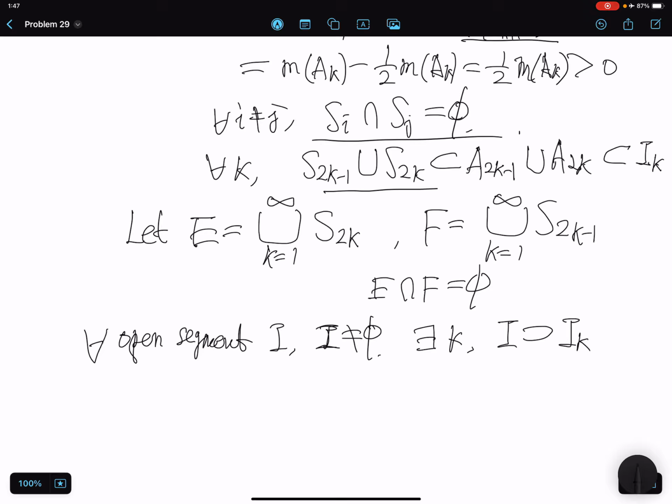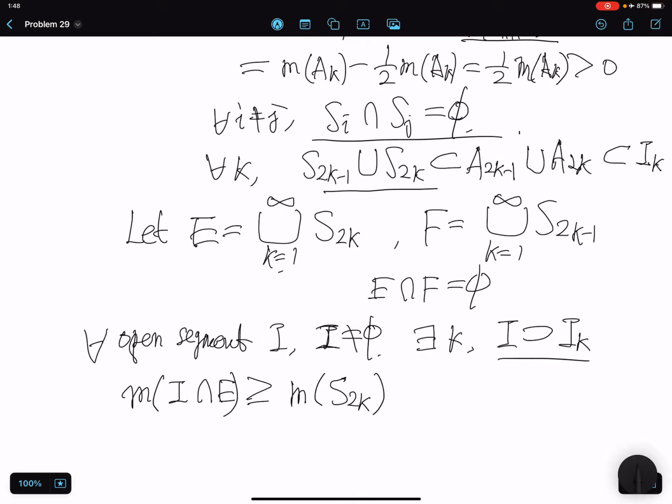So now if you look at the measure m of this I intersect E, because of this condition, it's definitely bigger than or equal to m of S sub 2k, right?